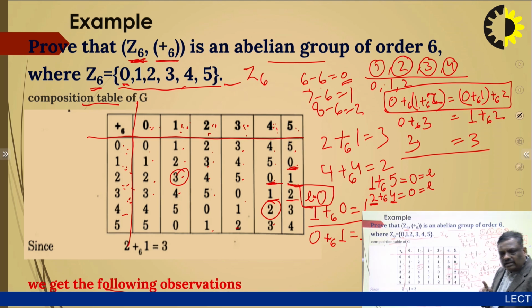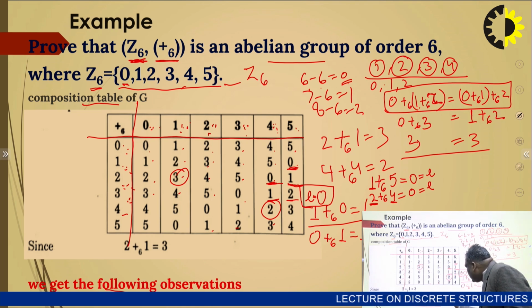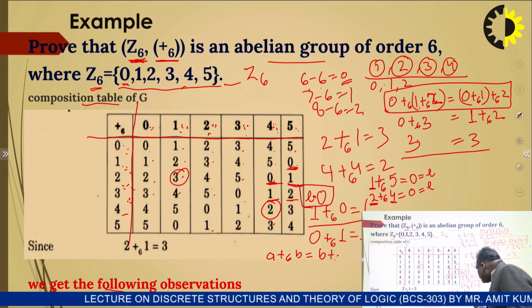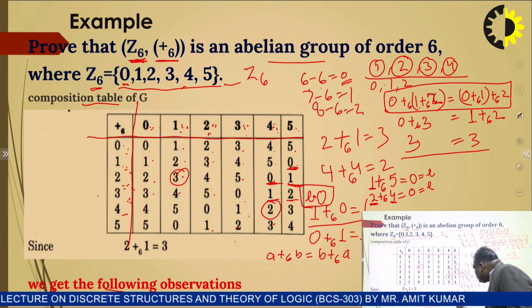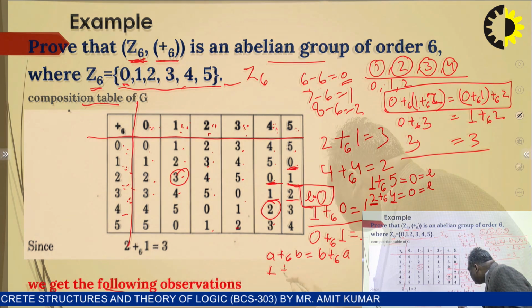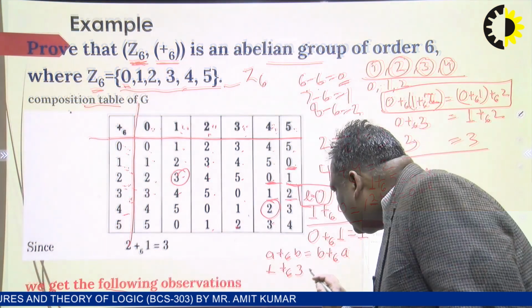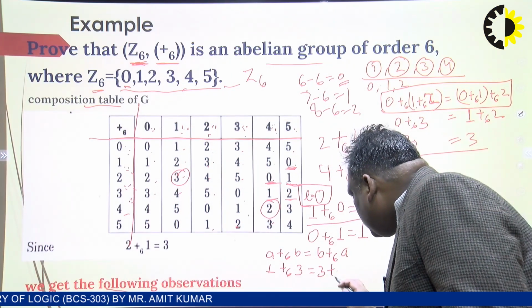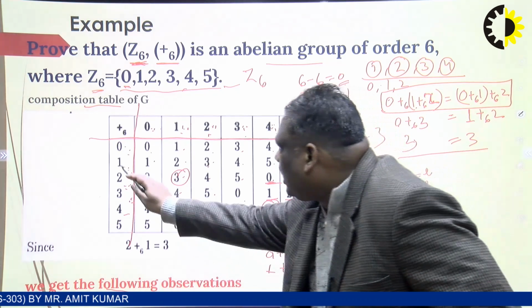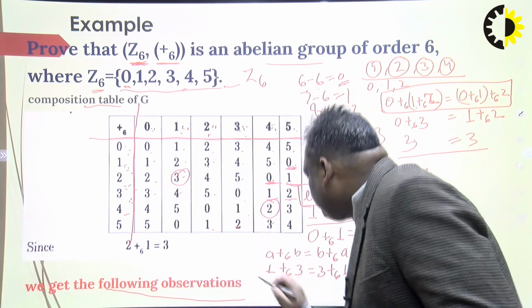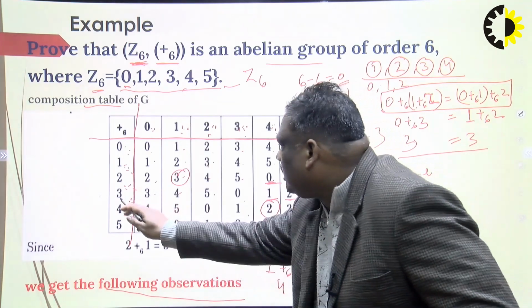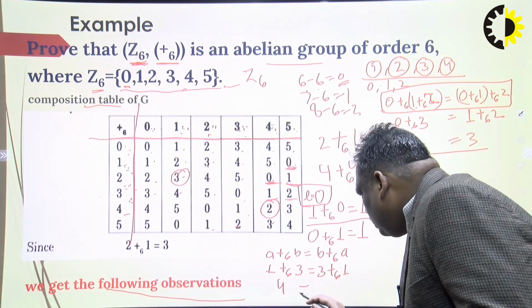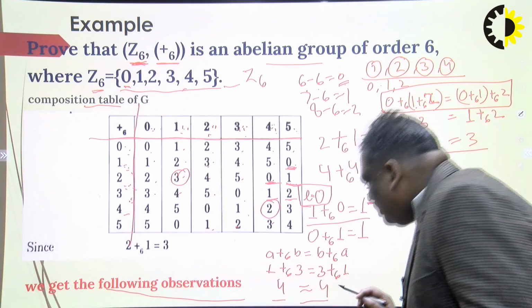But now we prove the commutative law, that is, suppose that A binary operation B is equal to B binary operation A. Okay, so A is equal to 1 here, and we take B equal to 3. So 1 plus 3 is equal to 4, and 3 plus 1 is equal to 4. So both are equal.